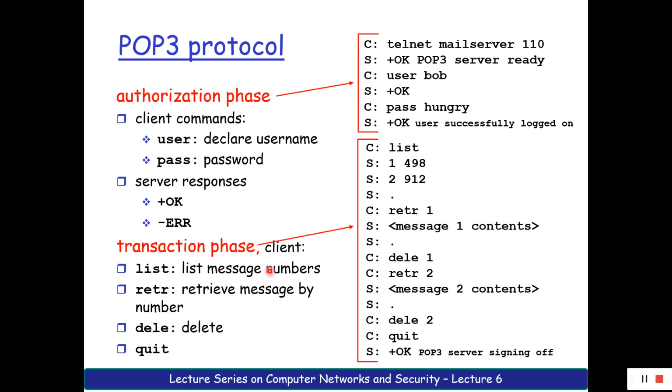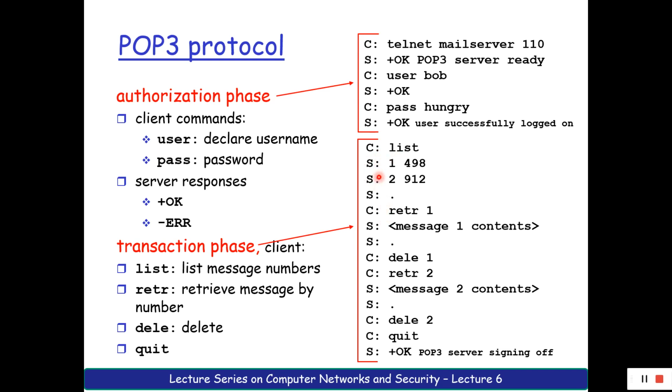So consider here, when they log in, you can see the second part of the code. C represents the client. The client asks to LIST. List what? It is asking to list the mails that belong to this particular client, that is Bob in this example. It is asking to list all the mails present in the server's mailbox for Bob.